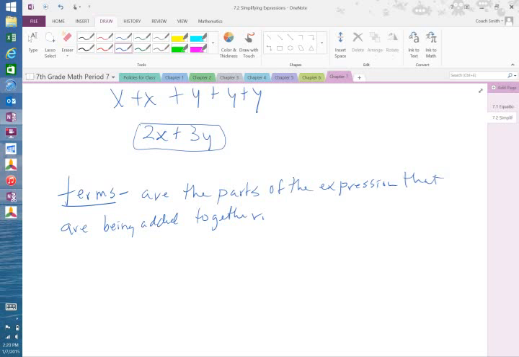Okay, so let's look at this problem here. 7c plus 9 minus 3c. In this problem, Jacob, how many terms do I have? Just take a guess. 2?